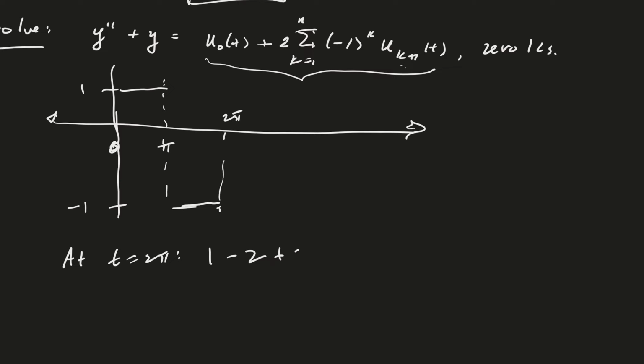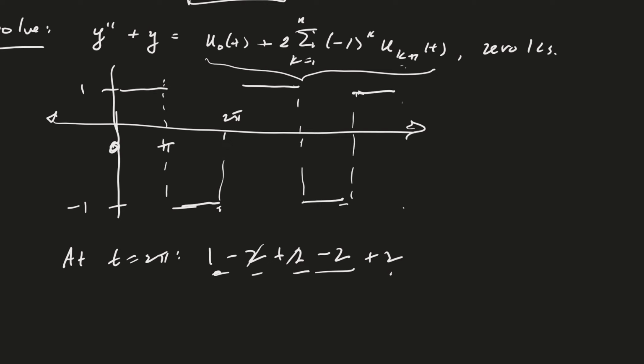But then we're going to be adding 2 from u sub 2 pi, and so the 2's will cancel and you're back to 1 again. Okay, and then at 3 pi, you can think of these 3 being on, right? And then we're going to be subtracting 2 again, and so therefore we'll have a minus 1 again. And then we're going to be adding 2 in the next round, and so that changes that to a plus 1 again.